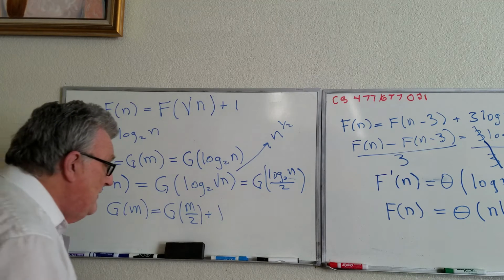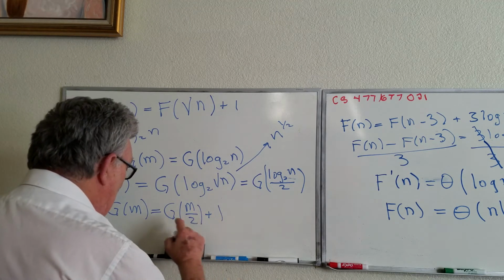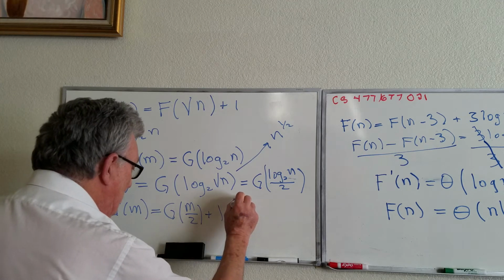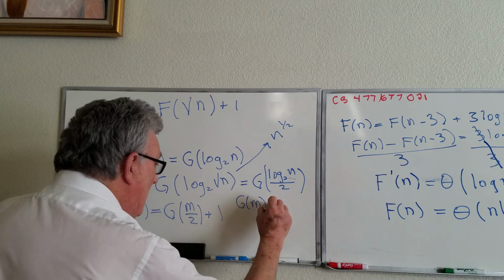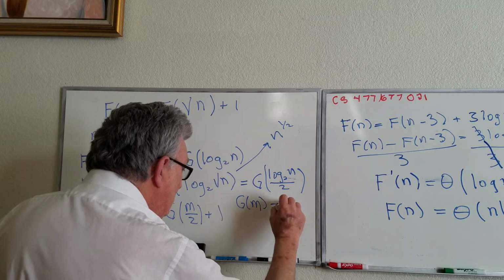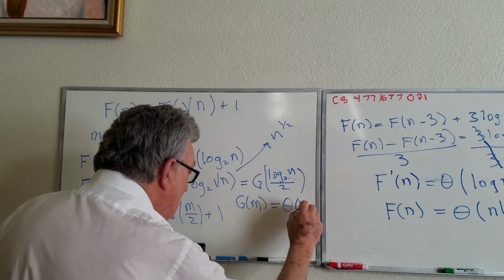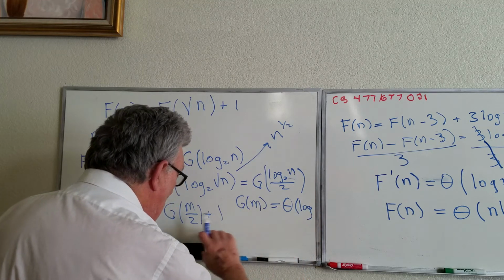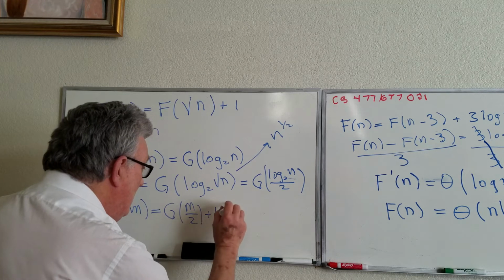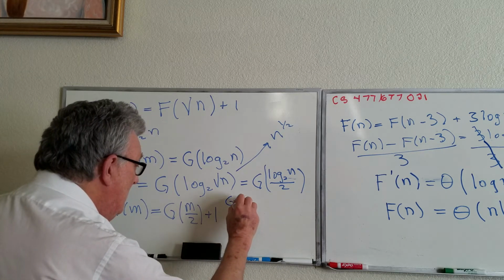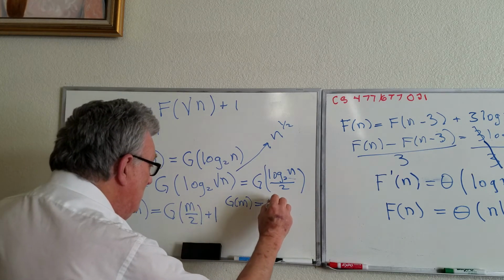The answer is that g of m is theta of log m. Oh, I run out of space.